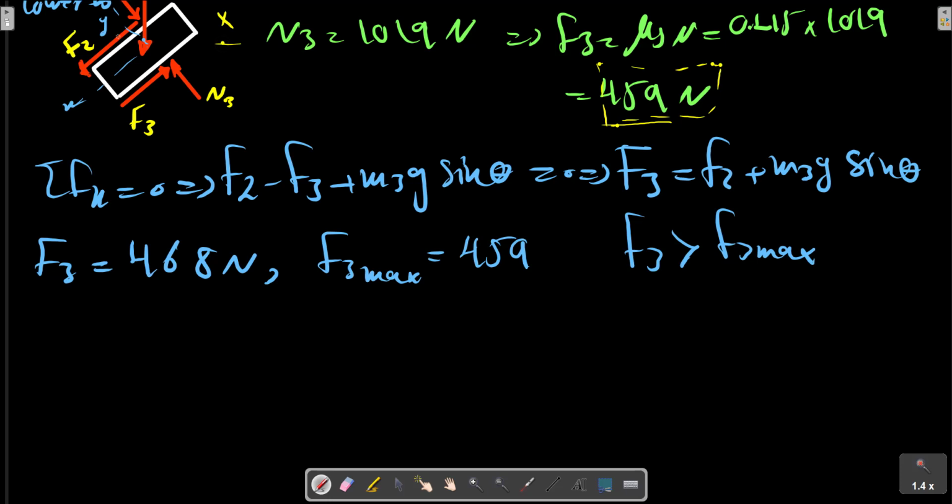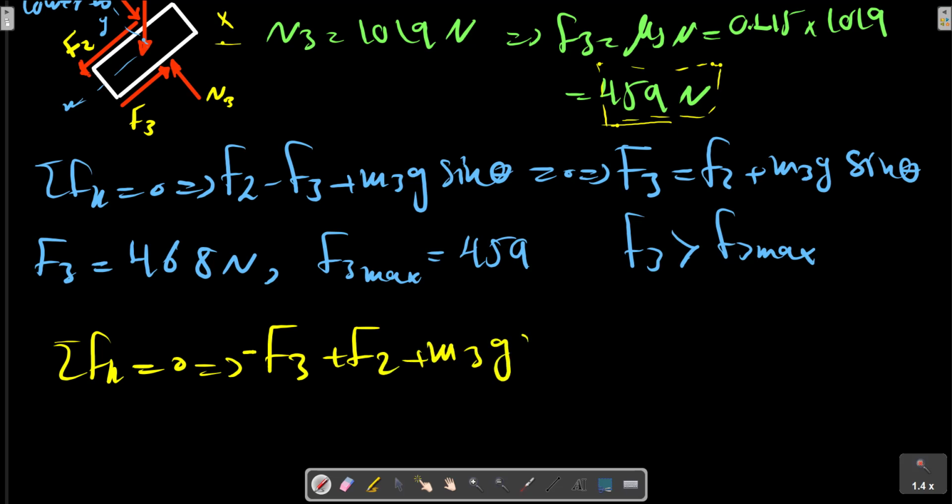Sigma Fx equals 0: F3 in the direction shown, minus F2 plus M3G sine theta. F2 can be calculated from this relation.